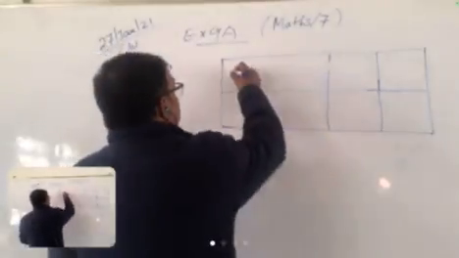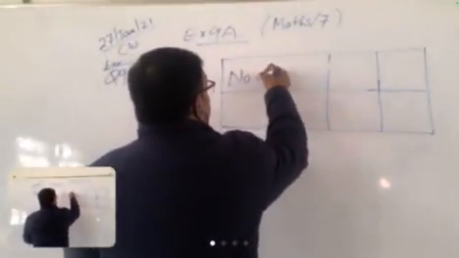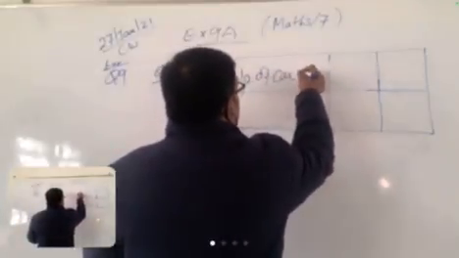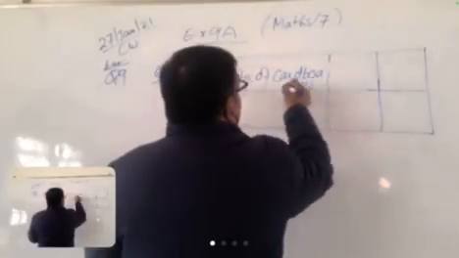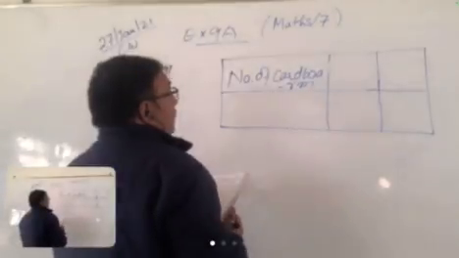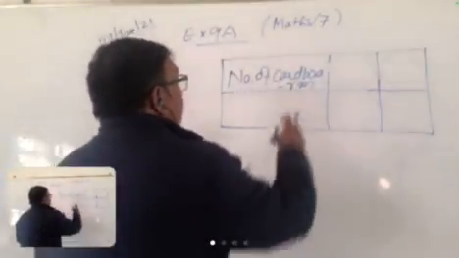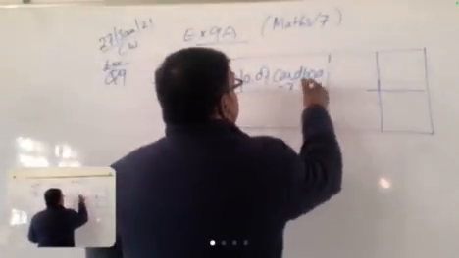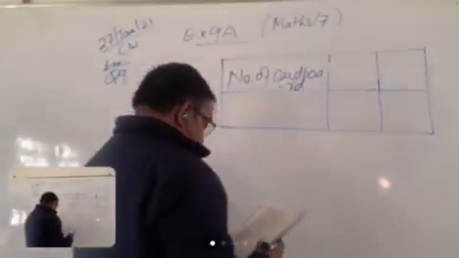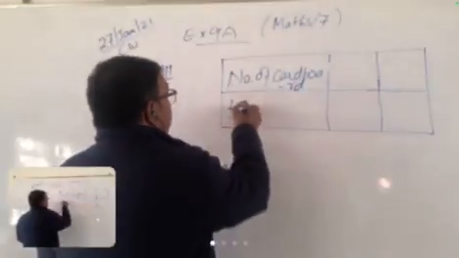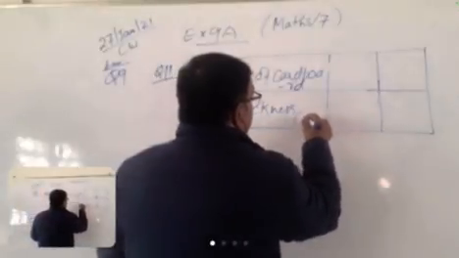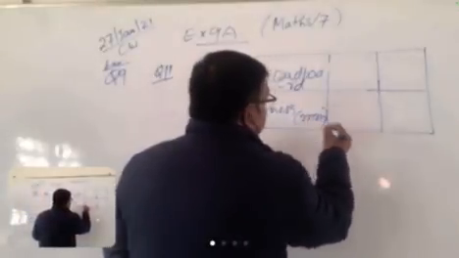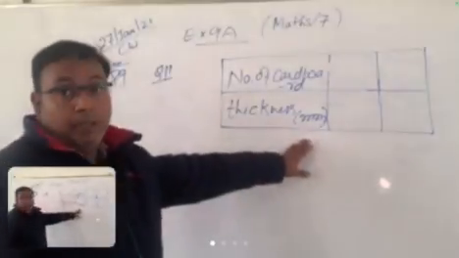Number of cardboard first. Number of cardboard and here the thickness in millimeter. We can use the millimeter.